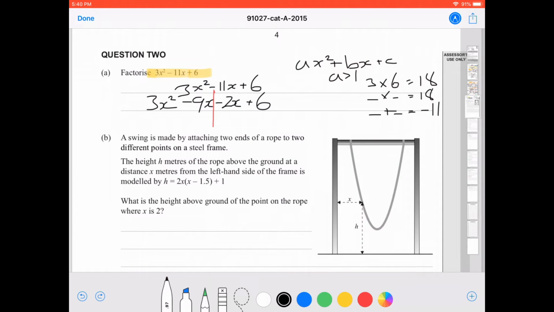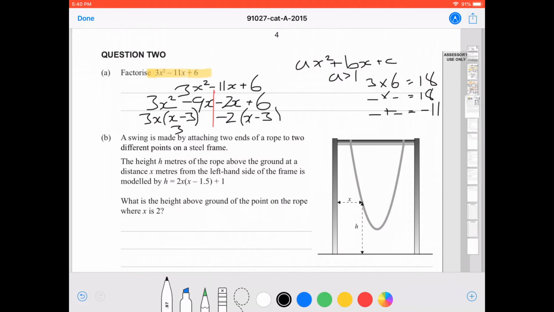Anyways, continuing on, we've got basically a left-hand side and a right-hand side. We factorize the left-hand side, 3x and x minus 3 is inside the brackets, minus 2 and x minus 3. And you know you're on the right track when those two brackets are the same. We're not quite finished.